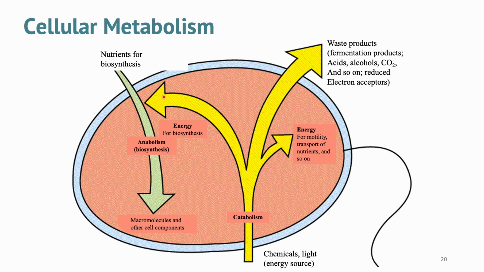It can be used as energy in anabolism for biosynthesis to create cell components, and in the process, you're going to have waste products, and these waste products include alcohols, carbon dioxide, and any reduced electron acceptors.